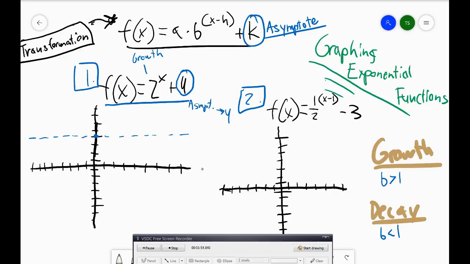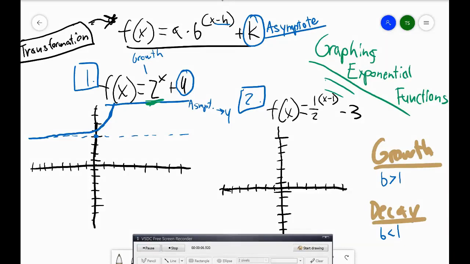Obviously, this graph will not go underneath the line of the asymptote, and you should get a y-intercept of 5, and it will go up. Which will lead us directly into problem number 2 right here.